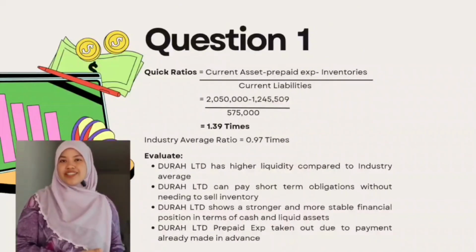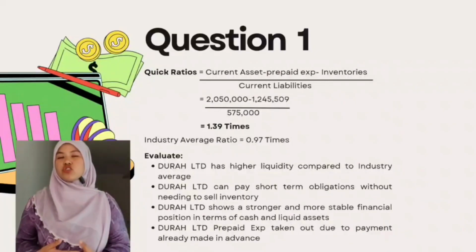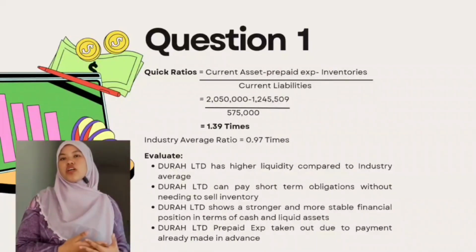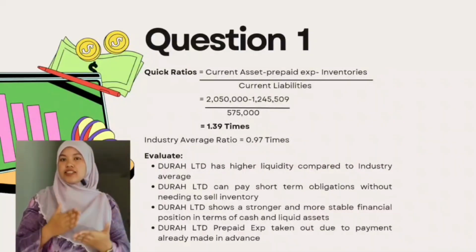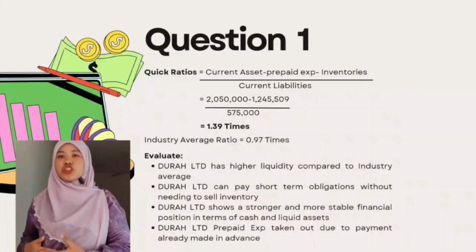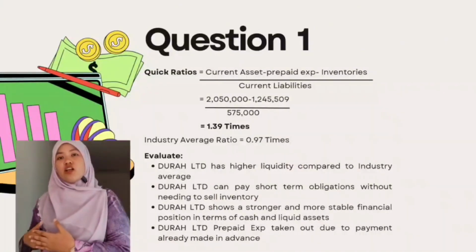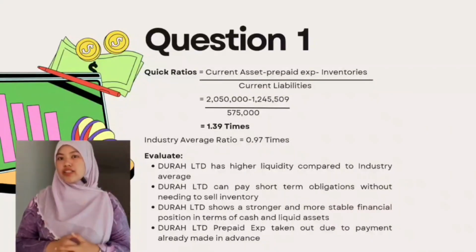To evaluate this, we found that Dura Ltd has a higher quick ratio compared to the industry average, indicating stronger liquidity in terms of immediate assets. This suggests that Dura Ltd is able to meet its short-term obligations without relying on the sale of inventory, as the quick ratio excludes inventory from current assets.